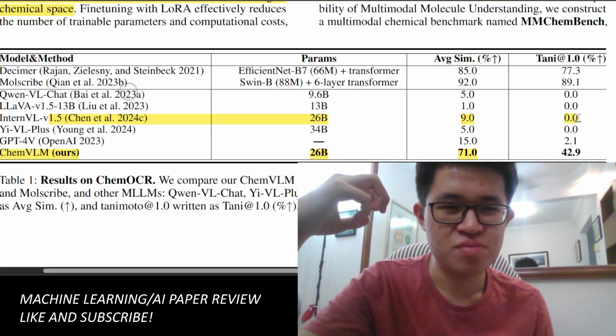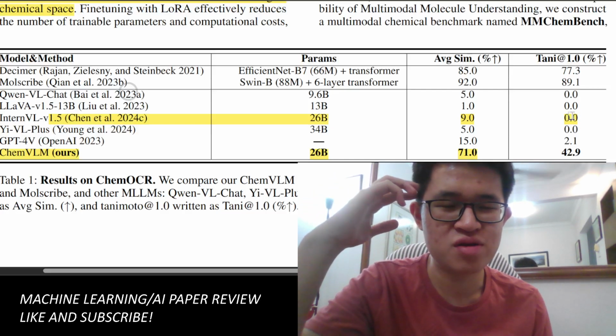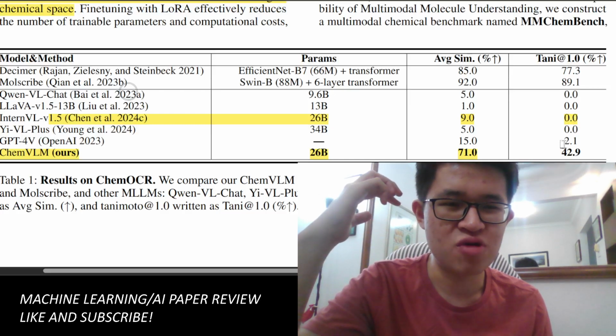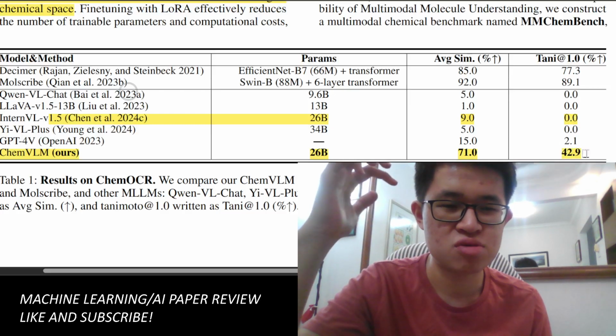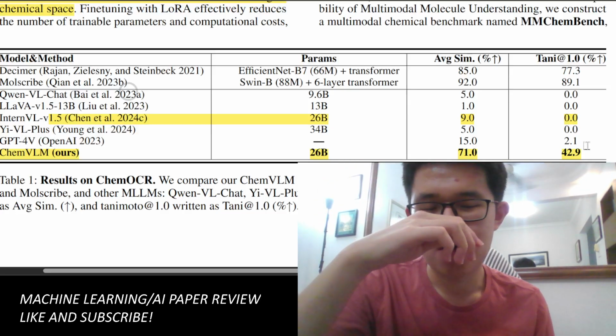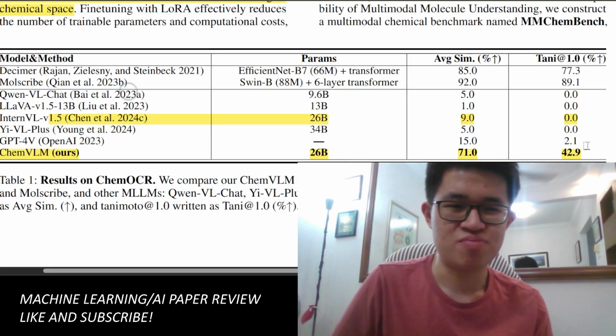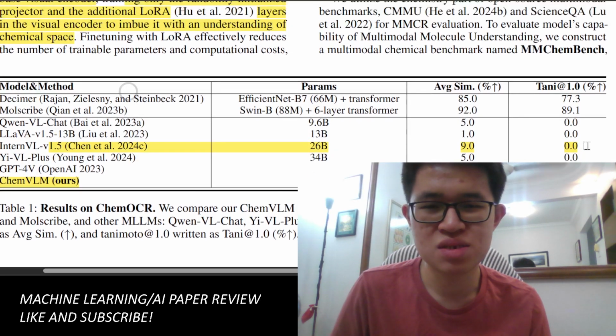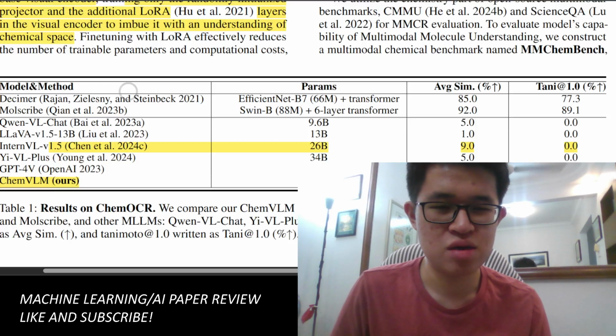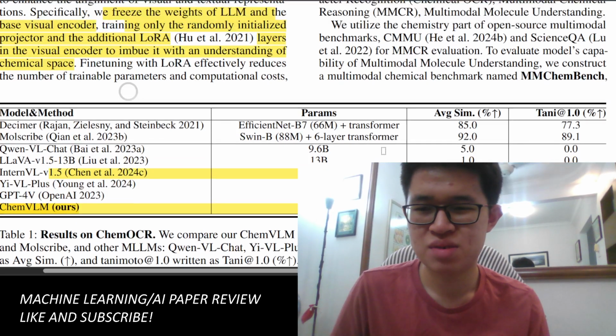And so yeah, it went up from like not getting anything right to almost 40 plus percent. That is insane, and it's even better than the GPT-4 vision model in this case, right?